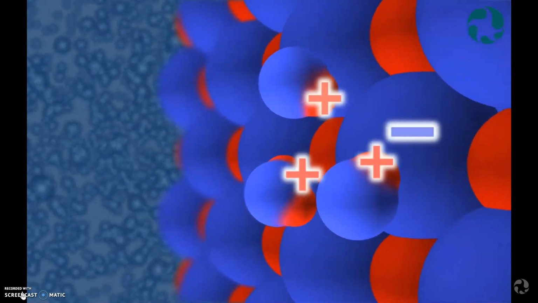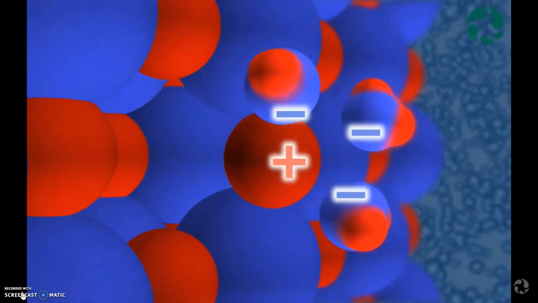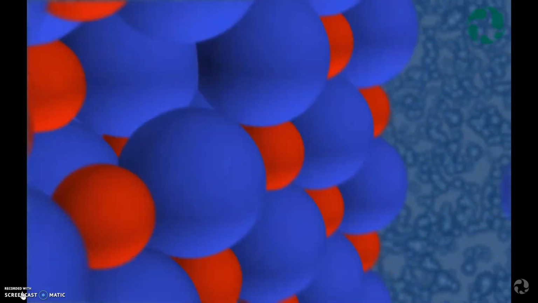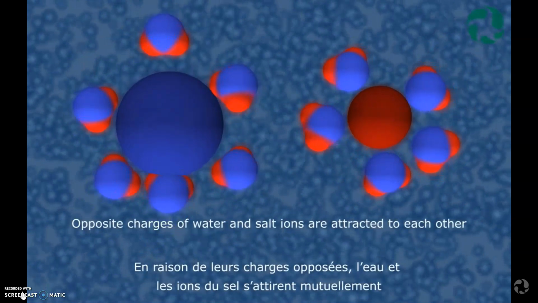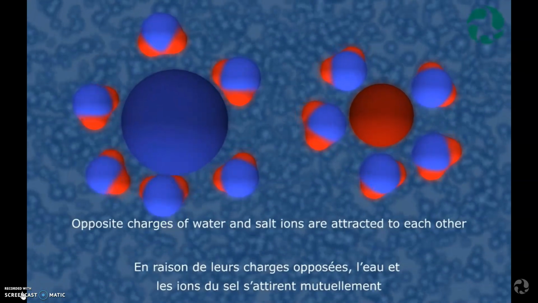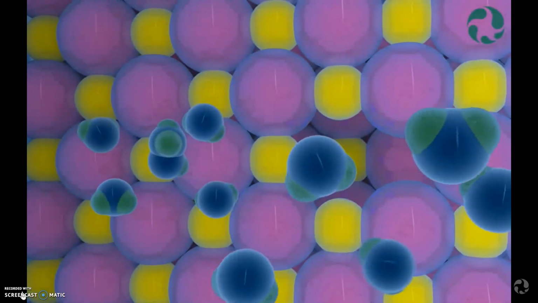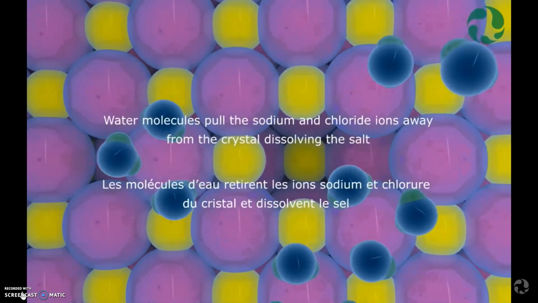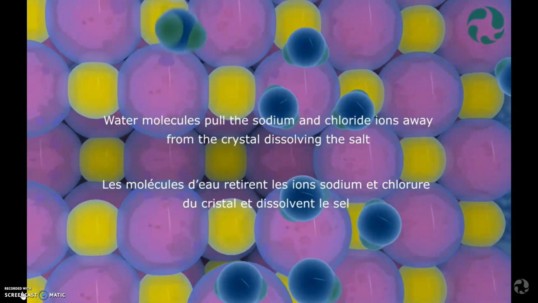The attraction for the positive hydrogen and the negative chloride is pretty strong, and vice versa, the attraction for the negative oxygen and the positive sodium is pretty strong. And so look what happens. You get this surrounding of each ion crystal by the water molecules, and that's going to continue to happen as you stir the solution to try and dissolve the crystal.